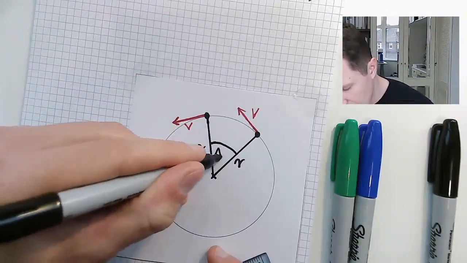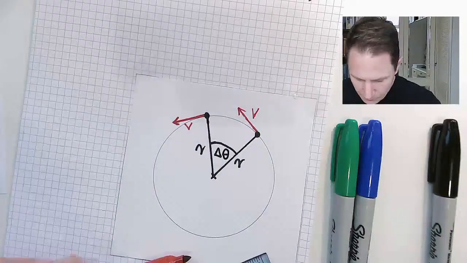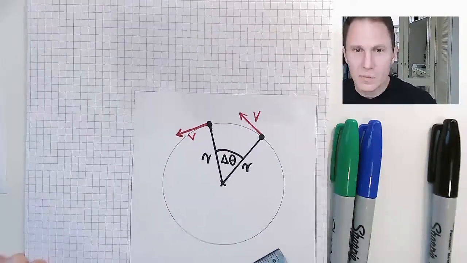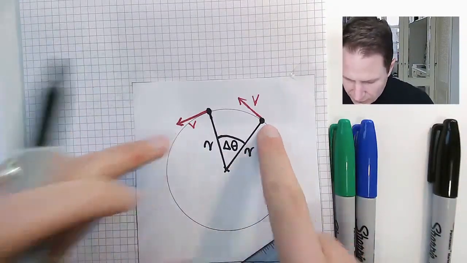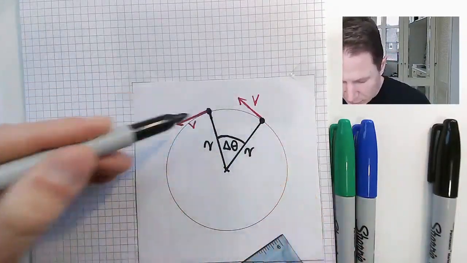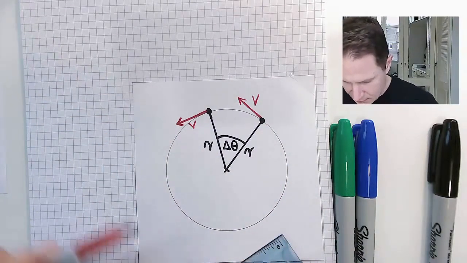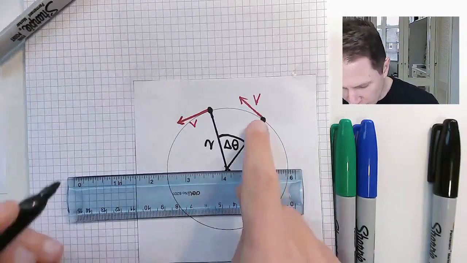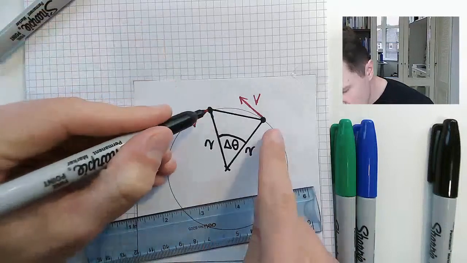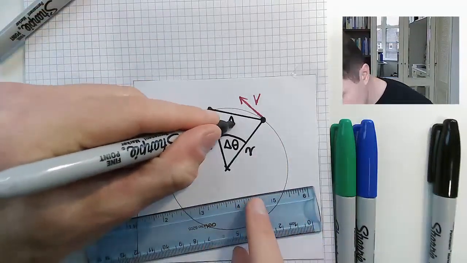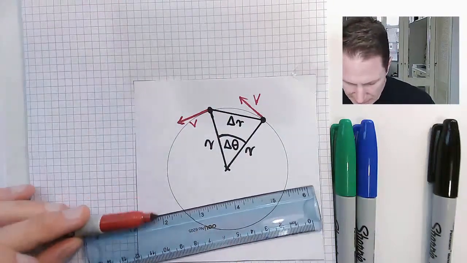Let me call it delta theta, let's say. So what happened here is we had this object moving around the circle, and we have these velocity vectors drawn. So the point is that it moved from this point to that point on the circle. So it had changed its position by delta r, okay?